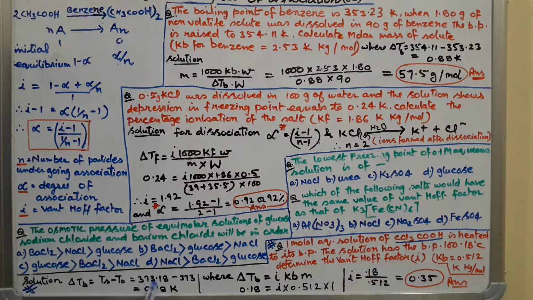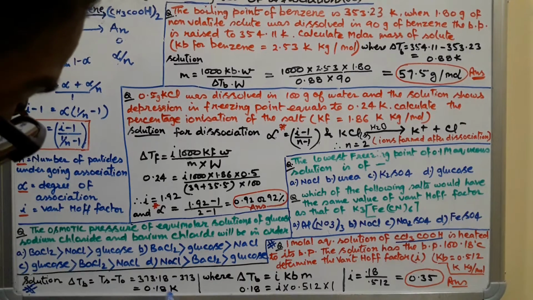We have converted it into Kelvin: 373.18 minus 373, that is the boiling point of the water here. Because it's an aqueous solution, T naught is going to be 373 for water, and it is 373.18 on addition of this trichloroacetic acid. So the difference is 0.18 Kelvin.